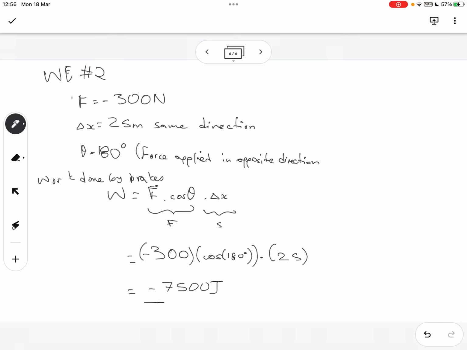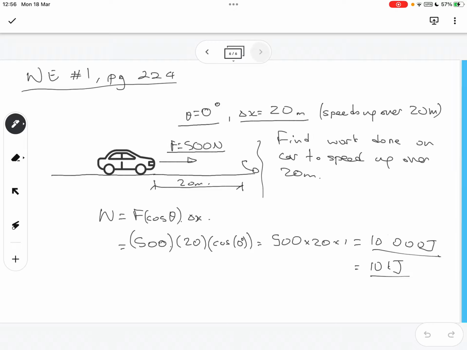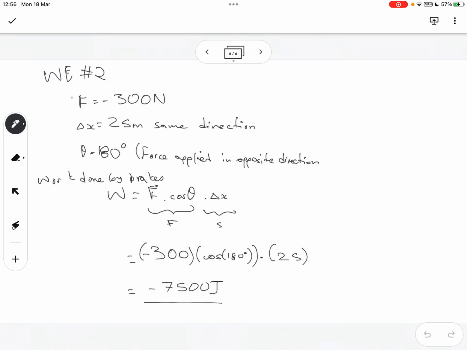joules. Okay. So based on the outputs of the work, the amount of work done to push the car, to increase the car's speed over 20 meters, is 10,000 joules, and it's in that direction. Now the brakes are applied. First, we know that the force is less in terms of size, and it's in the opposite direction, so it's now slowing the car down.